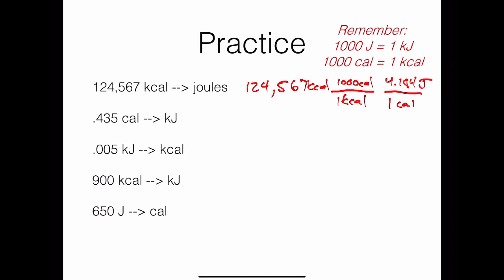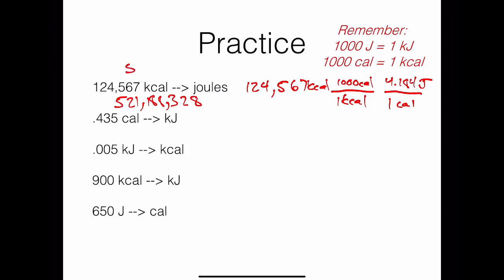124,567 times 1,000, and you can just use the calculator on your phone to do this, times 4.184. And this gives me 521,188,328. So we want to use sig figs and scientific notation to represent what we have here.